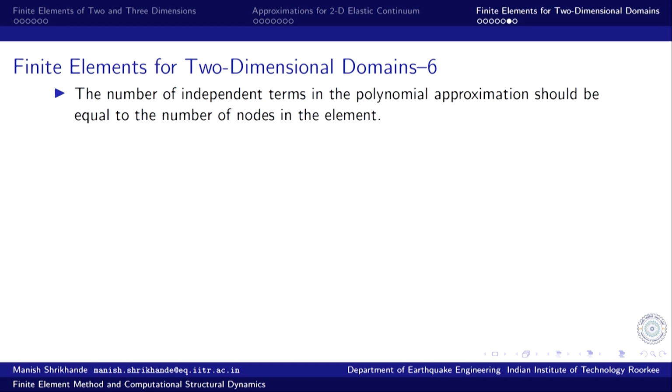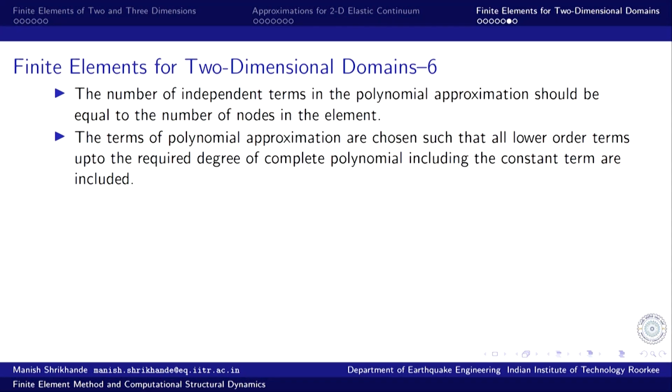But for the existence of a valid approximation, it is essential to ensure that the number of independent terms in the polynomial approximation is equal to the number of nodes in the element, because that is what will give us the basic constraints on the variation, the interpolation condition.